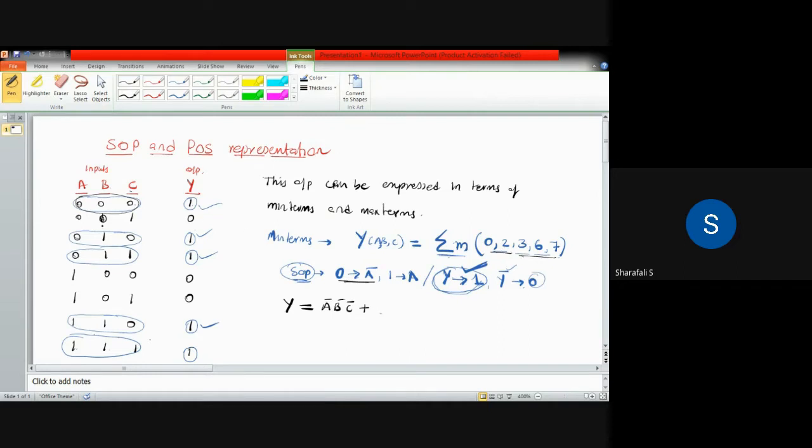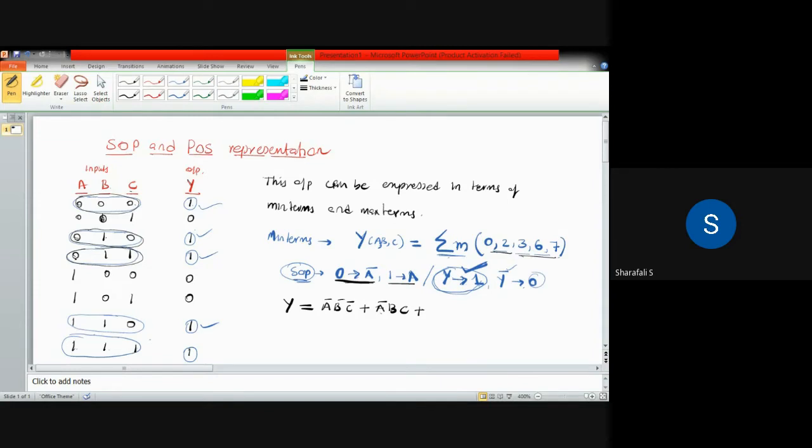And then the second one, 0, 1, 0. What is that? In SOP, 0 means A bar, 1 is A. So the first one is 0, 0 means A bar, then B, then C bar. So A bar, B, C bar. Similarly, the third one, if you consider this one, what will happen?